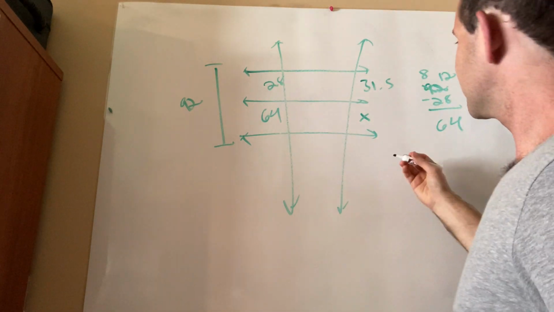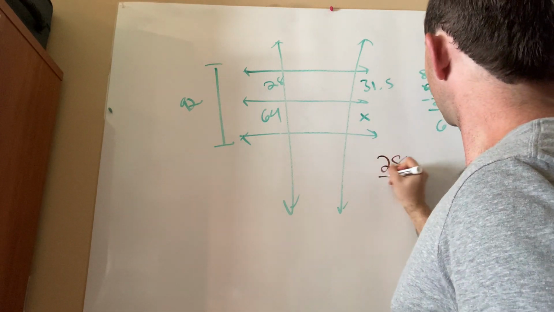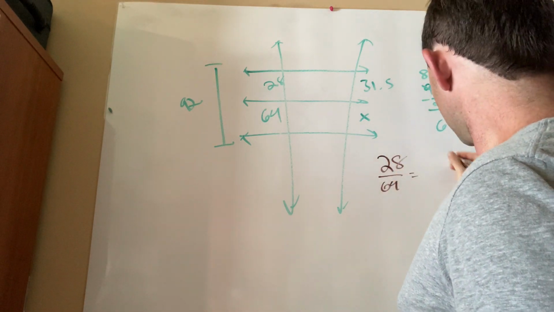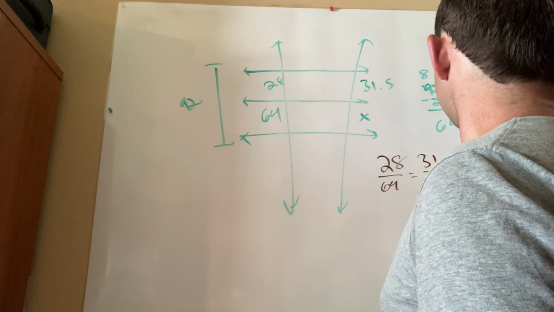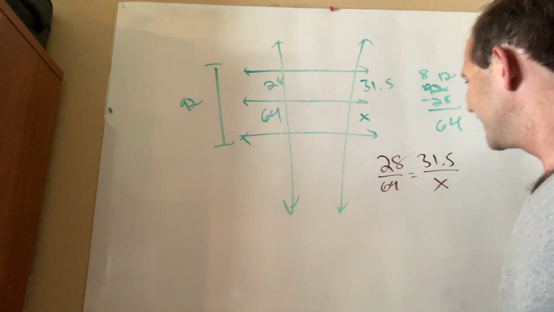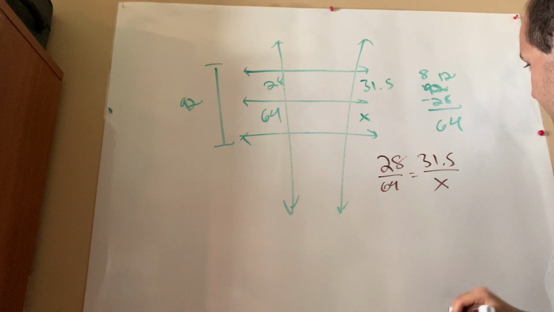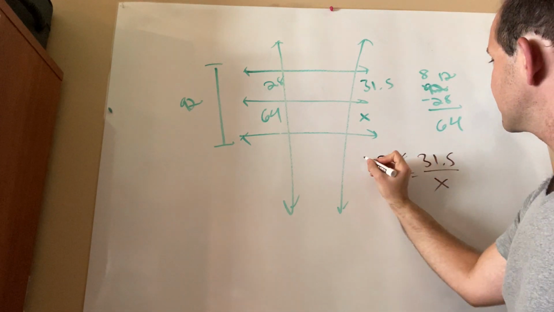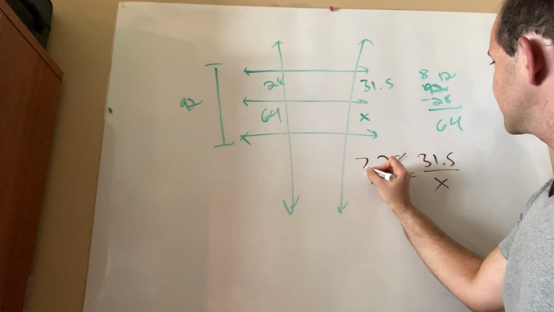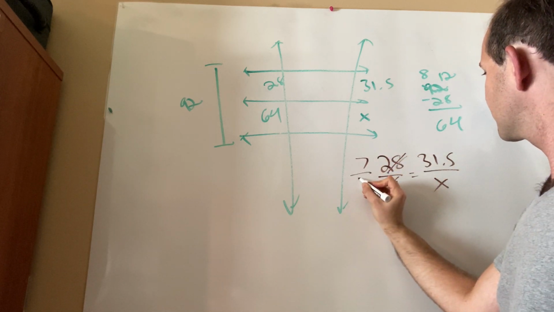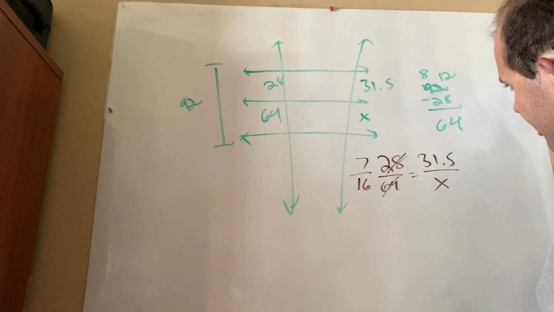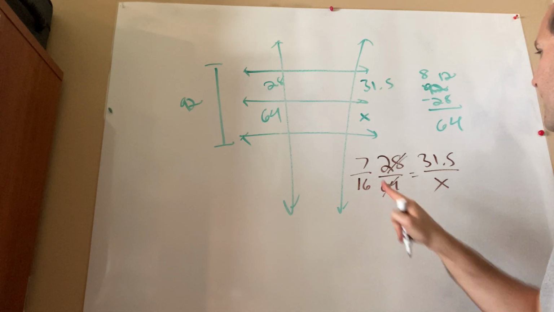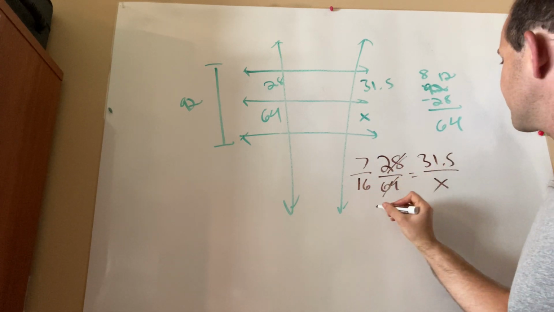Okay? So 28 over 64 equals 31.5 over x. Now, notice something here. I can simplify using a GCF of 4, right? So this is going to become 7 over 16. Did I do that right? Yeah, 7 over 16.